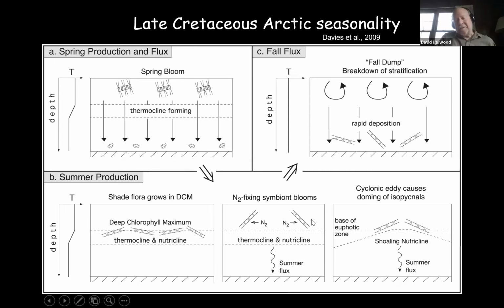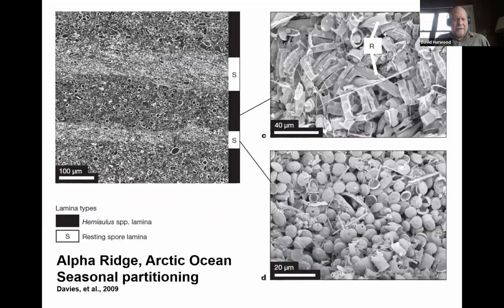And then as you get into fall, that stratification breaks down and you get the deposition of hemiaulus chain forming things or rhizosolenia type forms. So it's interesting to see that seasonal pattern and cycle from the Arctic, but from things that are 65, 70 million years old, let's say.